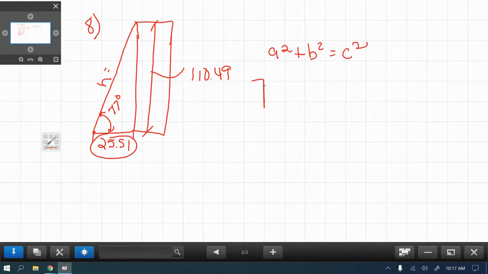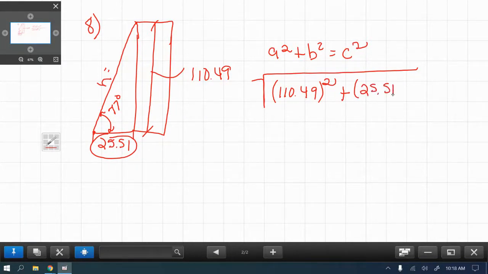So I'm going to go ahead and set it up. I keep forgetting to put the square under when I was solving it too. And then take the square root. That was 113.3966 feet. That would be your answer.